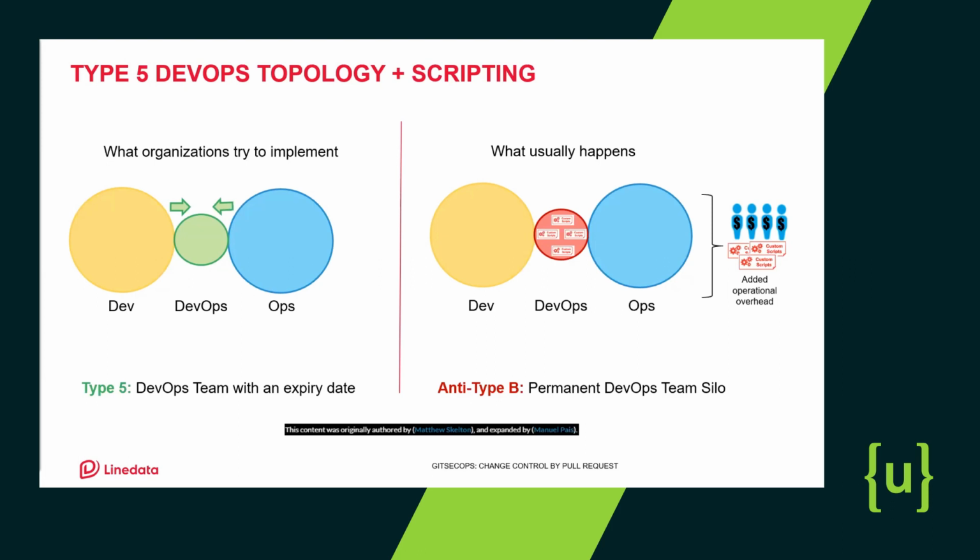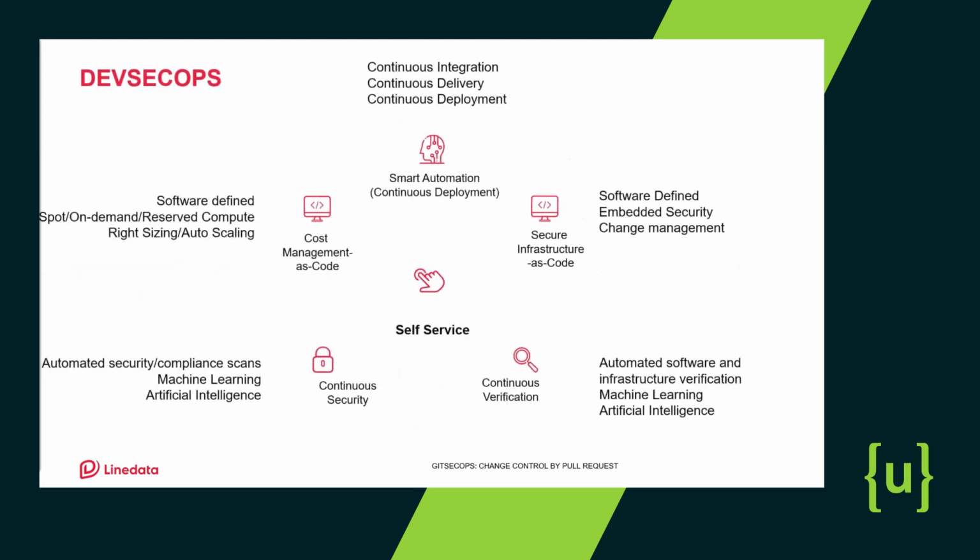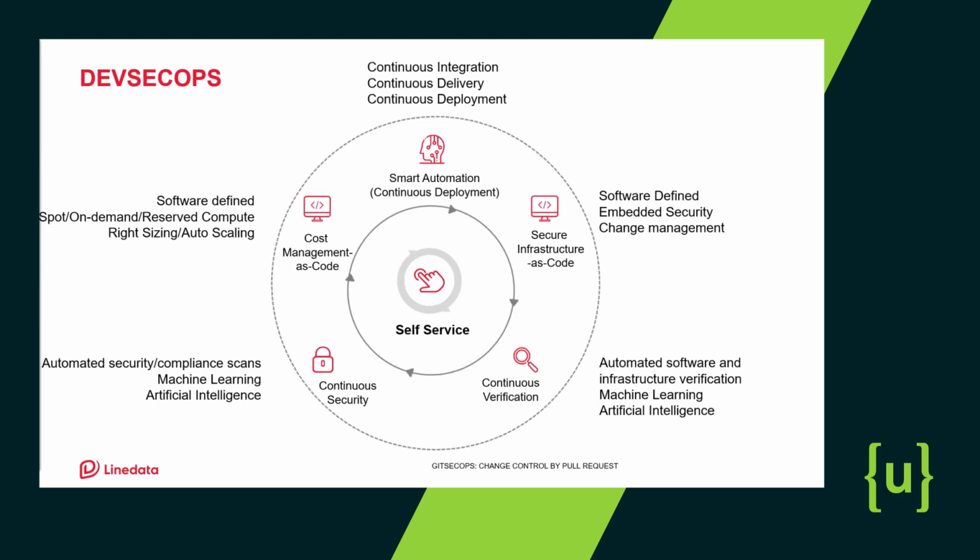You've put another team in the middle that you now have to scale, and you've added more operational overhead. So this might work for the first 3 to 6 months, but it is not a long-term strategy because you're just going to have to manage another team. We knew at Linedata that we wanted to do something different. We wanted to focus on self-service.